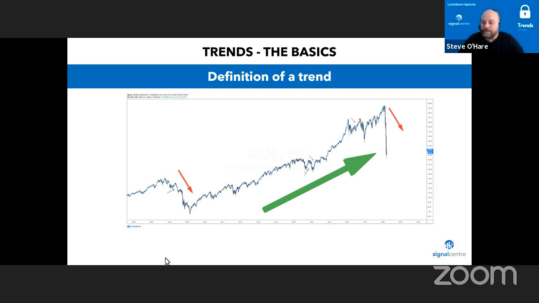And here we've got different size arrows, and I'm trying to differentiate between the primary trend, the rising peaks and troughs, but then you've got the red arrows, slightly bigger than the small arrows. You get these small arrows, which is the short-term trend. You'll have rallies and sell-offs within an intermediate time frame.